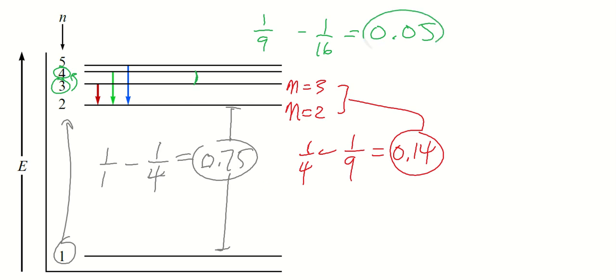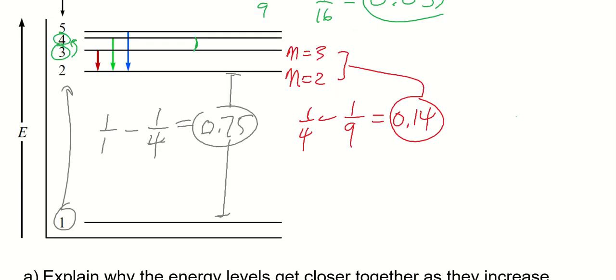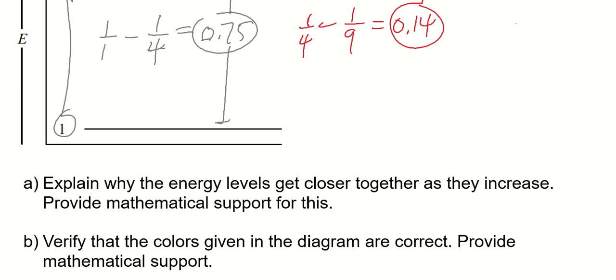You can say that in words: because the denominator is getting bigger, every time n gets bigger, that whole term gets smaller by 1 over however much bigger it gets, squared.